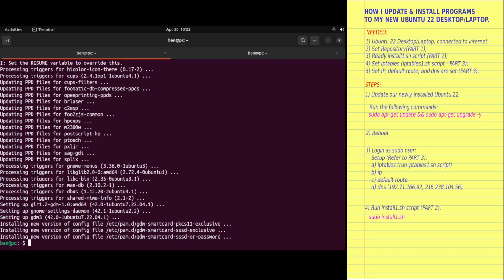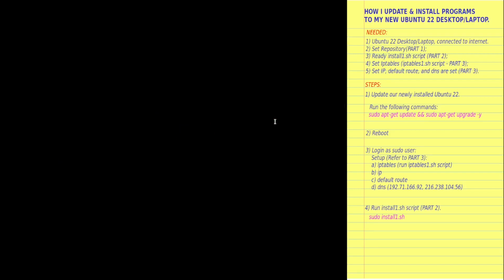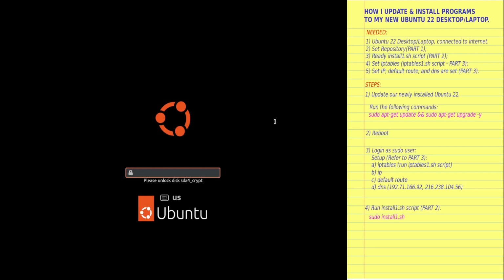Okay, I think we're done with the updates and upgrades. Let's go to step number 2, which is to give it a reboot. In the terminal, let's type reboot. Okay, let's type our encryption password.